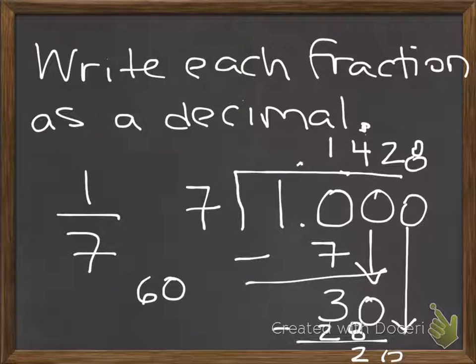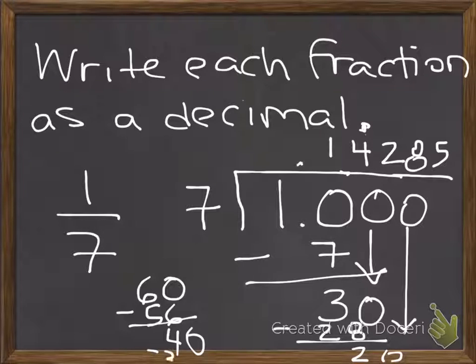And then I'm going to have to keep going. 7 into 40, which gives me 5. And then finally 7 into 50, which would be 7.